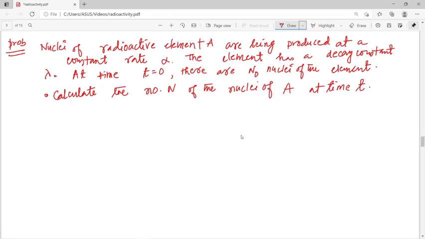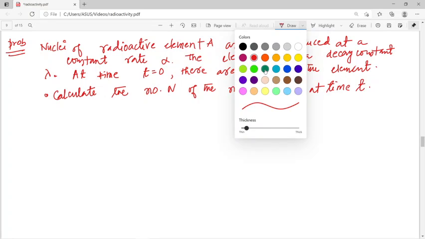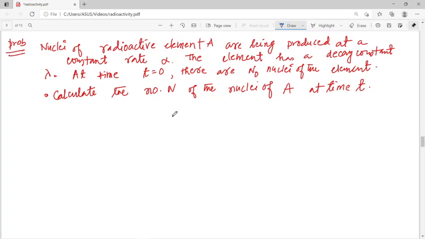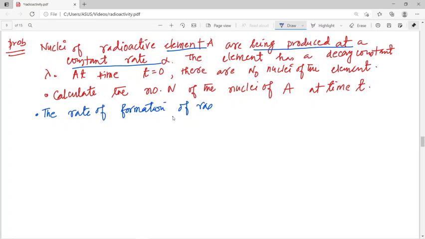So here, if we consider this particular case, there is some difference. The difference is the radioactive element A is produced at a constant rate alpha, that is given. So the new thing is that the rate of formation of radioactive nuclei is alpha.